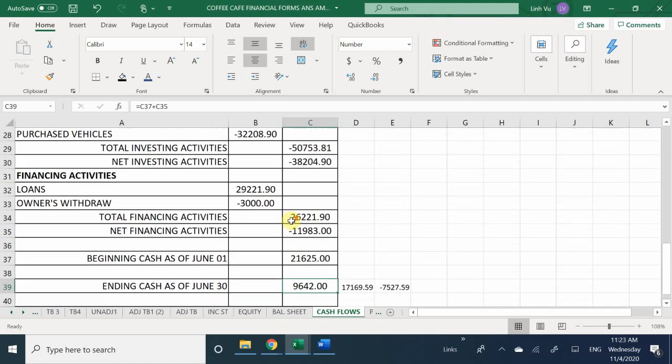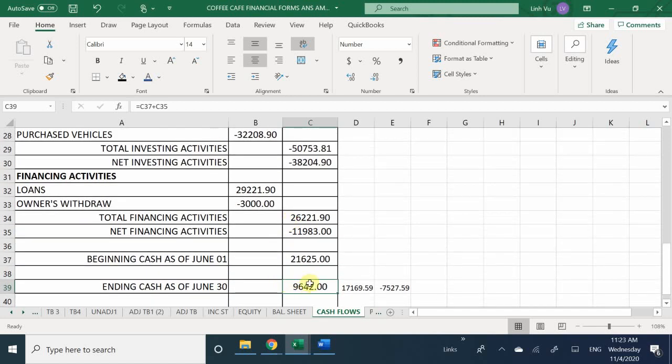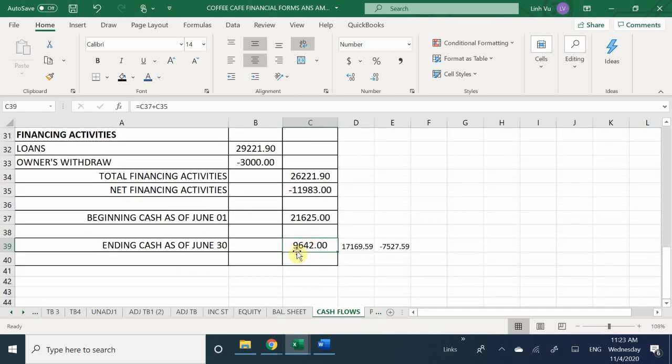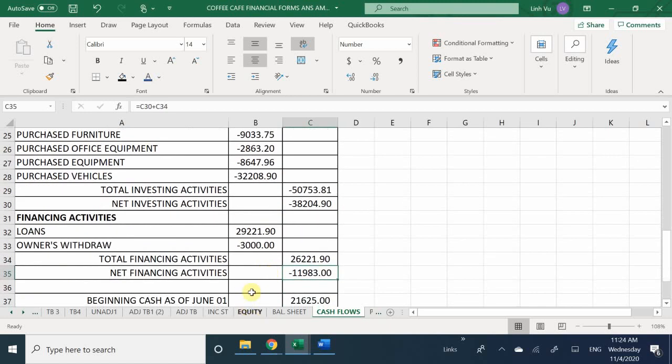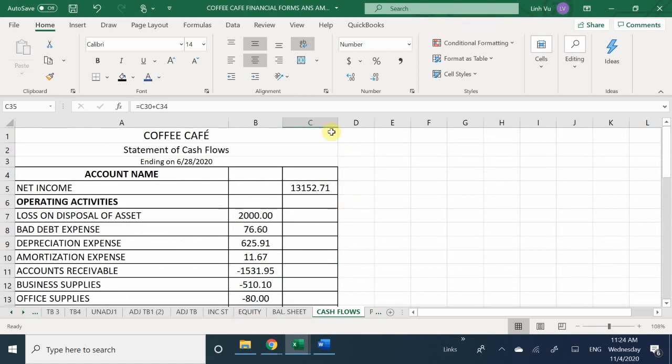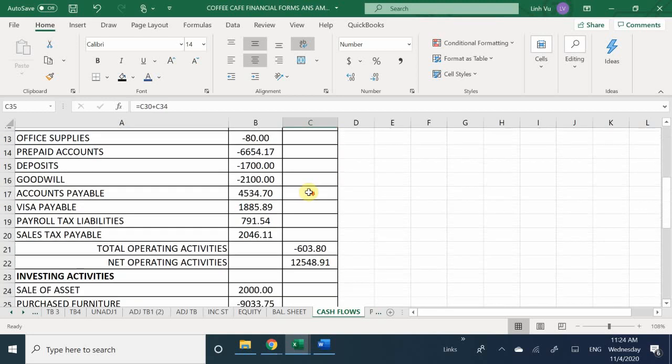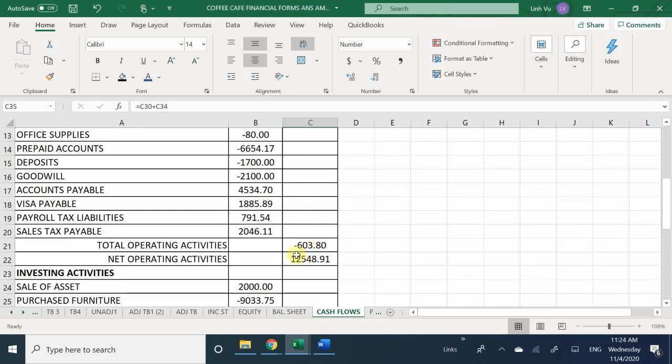So, if we go to the formula again, the final formula is supposed to be your beginning balance plus your net financing activities. Remember, because we took each one, right? We started off with our net income. We had a total of operating. So here's the net value of it.